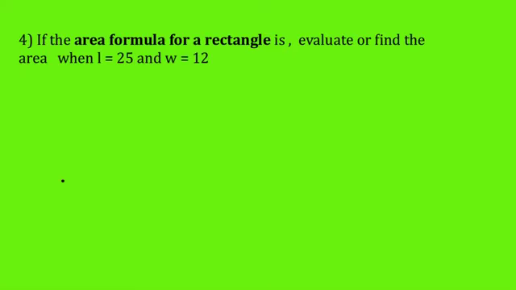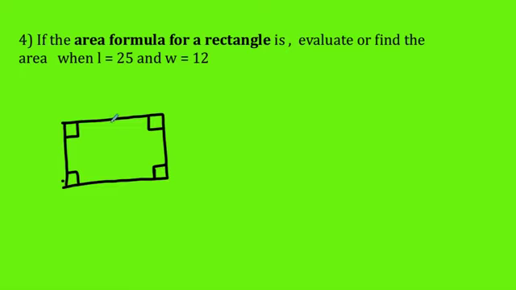All right. Now, how do we make this a little bit harder? Well, because this is integrated algebra, we're going to be doing geometry as well. So it says the area formula for a rectangle. Now, you might be saying to yourself, I don't even remember what a rectangle is. So a rectangle is a 4-sided figure. It has 4 right angles, and those boxes that I'm drawing in there mean that those angles are right angles.